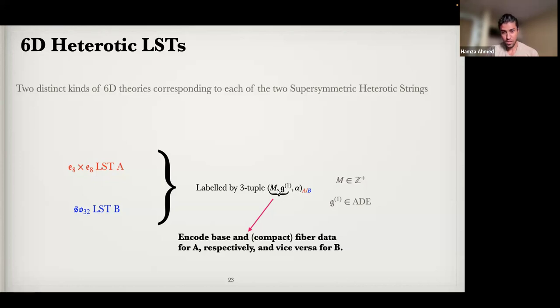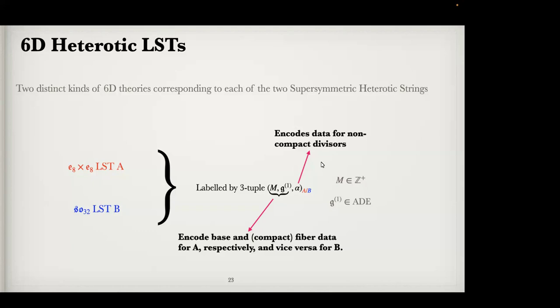And the alpha, I won't talk too much about alpha, but it basically encodes all the non-compact data for your geometry. So just to reiterate, M and G encode base and compact fiber data for A and B, but their roles are reversed for B compared to A. And alpha encodes just non-compact data for the geometry.